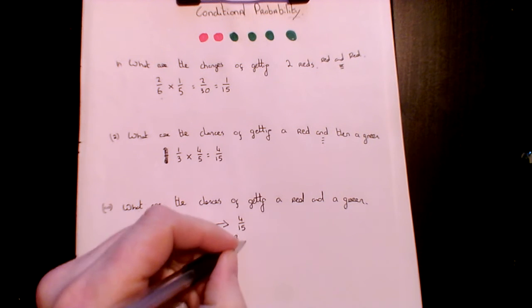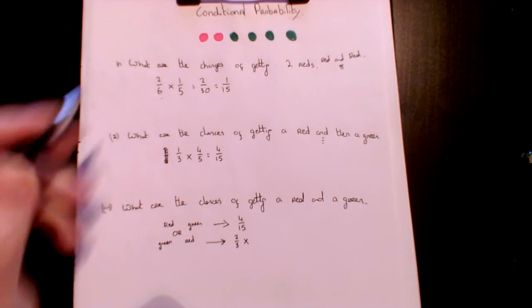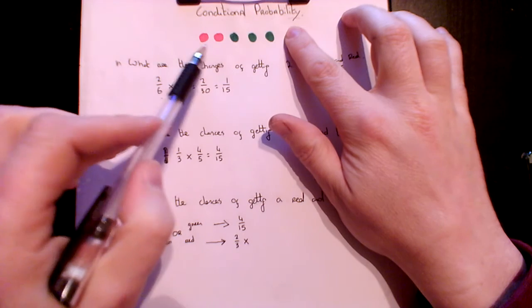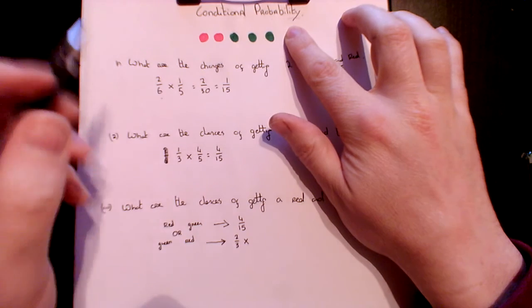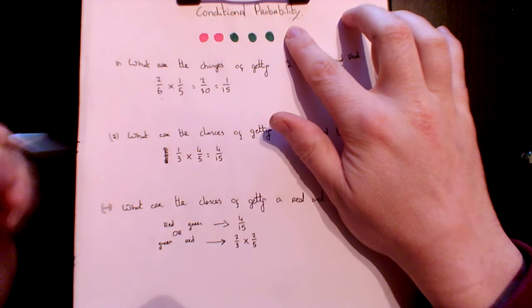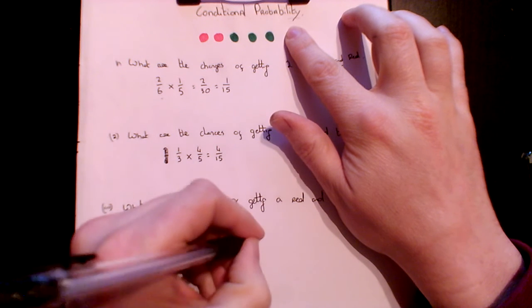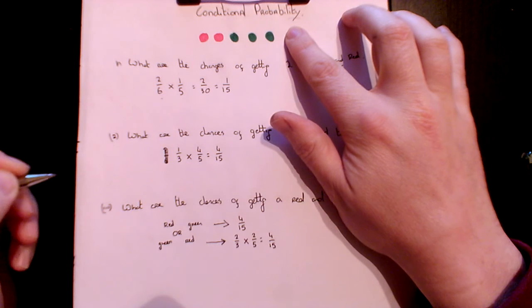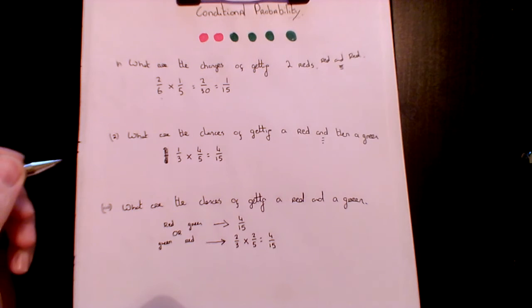And remember, and a red, so multiply. Now, if we got the green, we have 5 left, so it would be 2 out of 5. That makes sense. And again, we will get 4 out of 15.